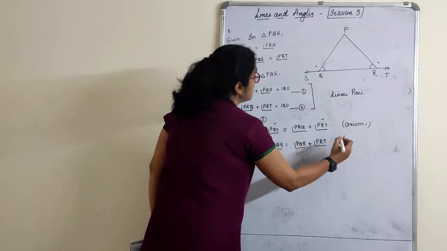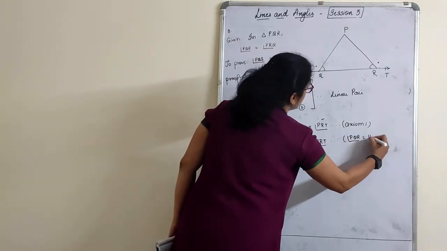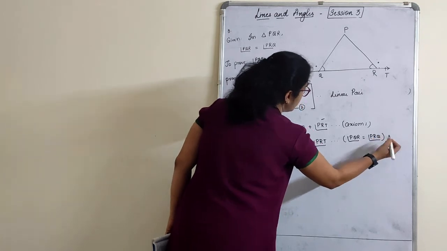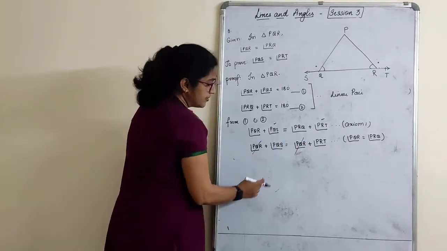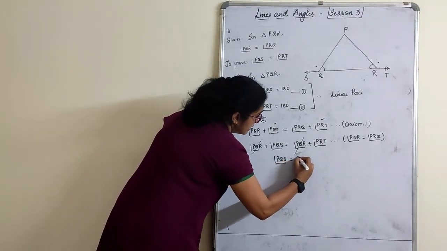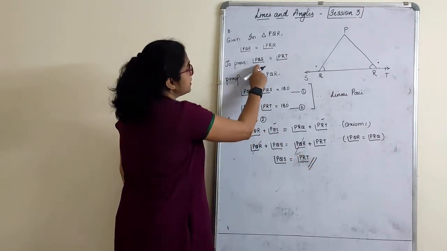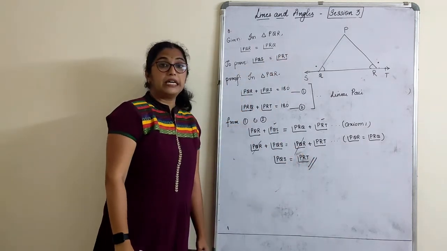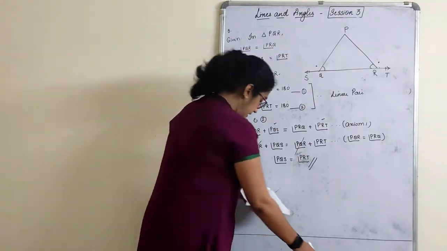The reason I will write here is angle PQR is equal to angle PRQ, given. So PQR can get cancelled. What will remain? Angle PQS is equal to angle PRT, hence proved, right? So quickly we'll go with the next one.